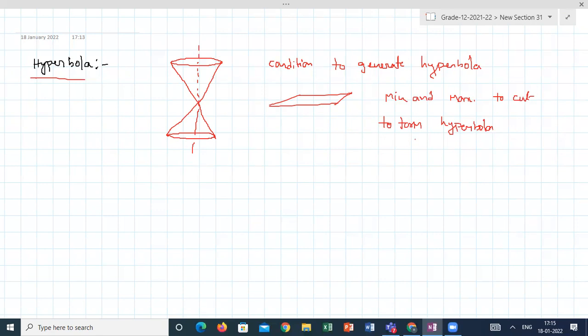Sir, the angle should be less than the angle of the cone. Beta less than alpha, where alpha is the semi-vertex angle, and beta is the angle between the axis of the cone and the cutting plane.